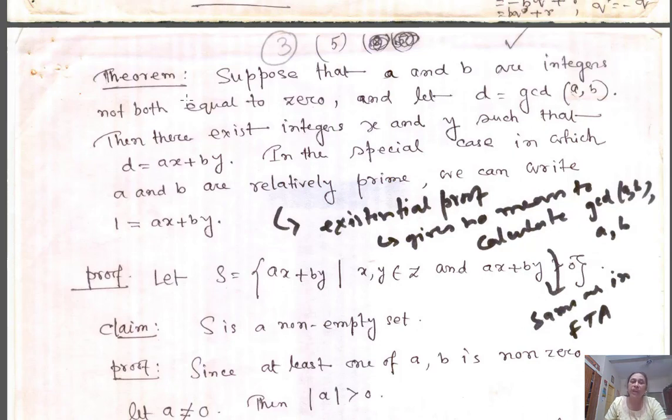This is called Bézout's identity. Mind that x and y are not necessarily unique. There may exist different pairs x, y so that this condition is satisfied.